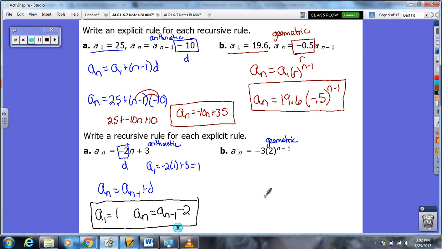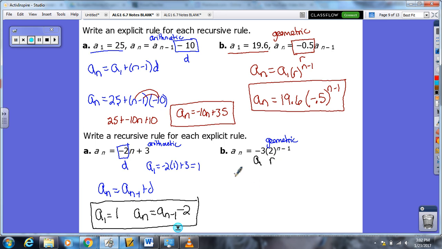Now, on part B, as we talked about, it's geometric. We already established that. So what we need to know is its common ratio, and we need to know its first term. So when you look at the form up here that we had, this was the first term. So here, a sub 1 is negative 3. The ratio was inside of the parentheses, so 2 is our ratio.